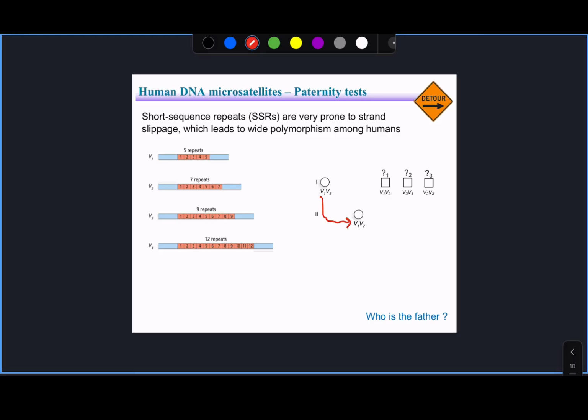Cool. If I take a person, I cannot see what variants you have of a polymorphic SSR, right? But I can do a laboratory technique that we will study later in the semester to find out if you have 5, 7, 9, or 12 repeats. So in that sense, I can see it.